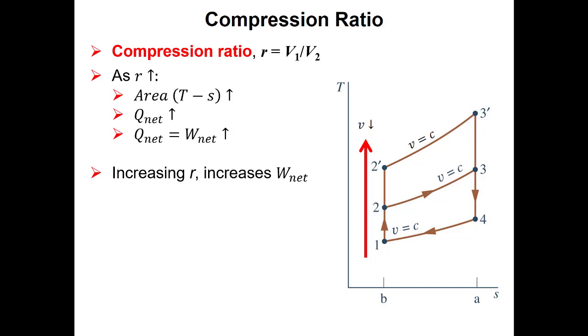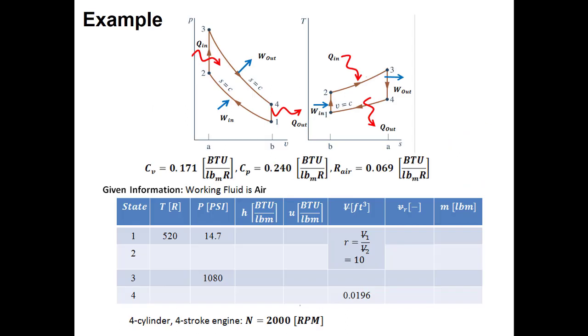Unless you come up with some new engine type, it's hard to increase both net work and fuel economy. Usually in engineering, we're talking about trade-offs, right? So you can make an engine that develops more power, but the cost is probably that your fuel economy is going to go down, right?